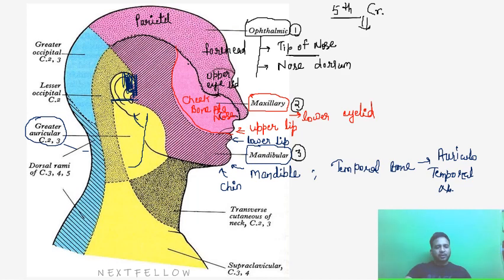Okay, and look at the neck. This part of the neck is supplied by the transverse cutaneous nerve. The supraclavicular area is supplied by the supraclavicular nerves, and posteriorly, the posterior half of the pinna is supplied by the lesser occipital nerve.